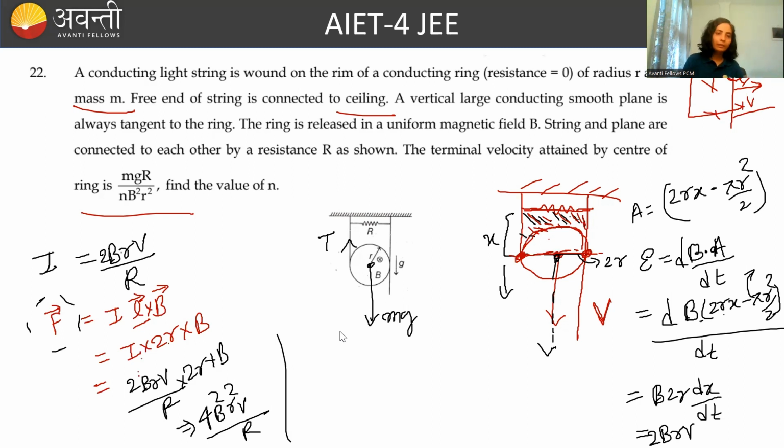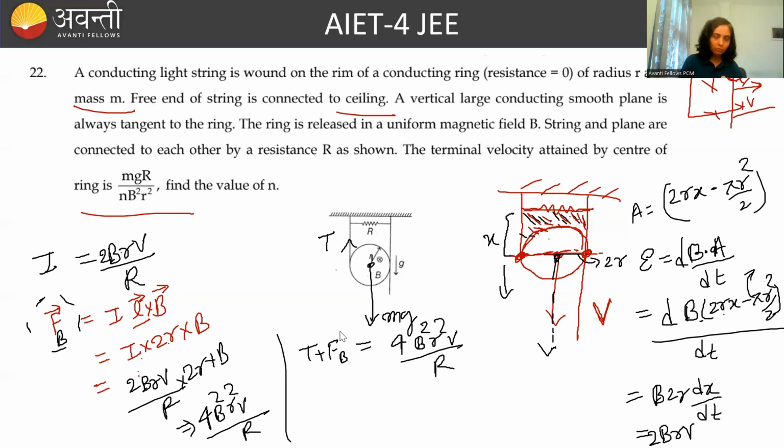Suppose this magnetic force is acting in the upward direction. So T plus FB is equal to 4B square R square V by R. I'm not going into direction because it's not required here.